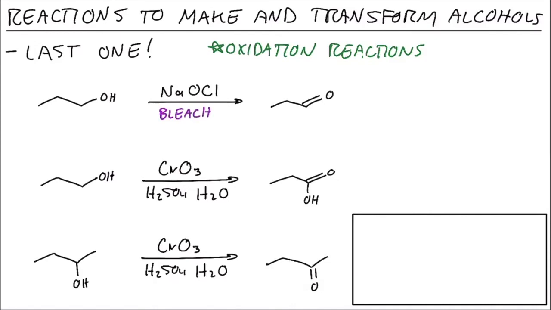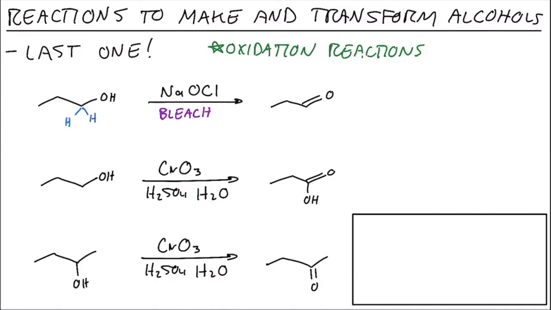It's bleach. That's literally all it is. It's a bleach solution. If you expose an alcohol to that bleach solution, you increase it in oxidation state by 1. So we're basically looking at the number of bonds to oxygen. The other way you can think about it is the number of bonds to hydrogen at that position.